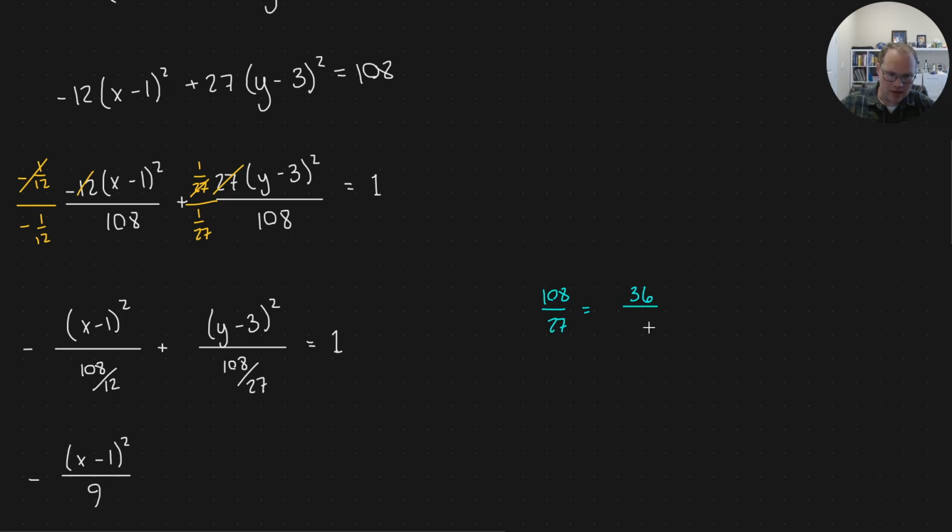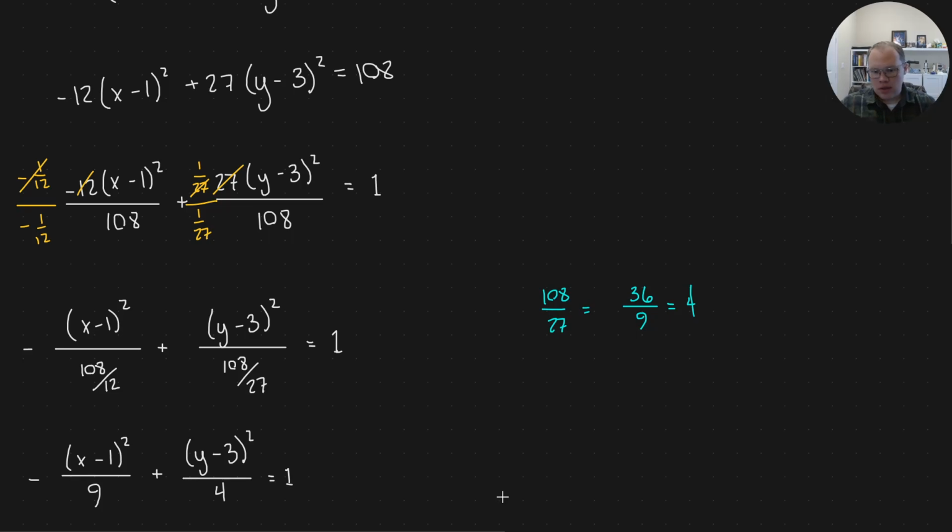There we go, 36. And 3 goes into 27 9 times. 36 divided by 9, that also goes in evenly. It goes in 4 times. So I get (y minus 3) squared over 4 equals 1.